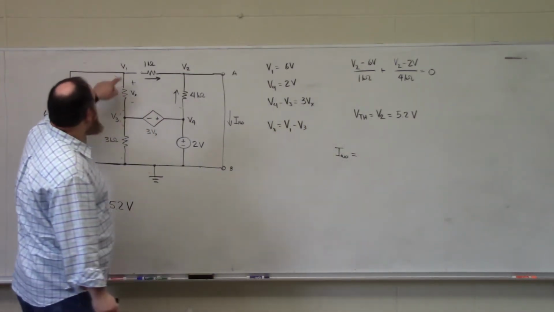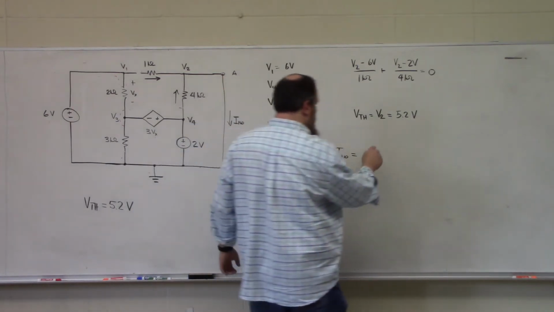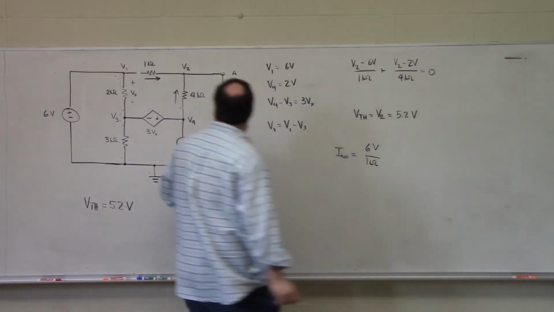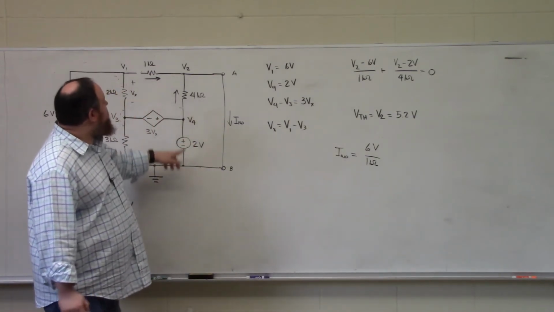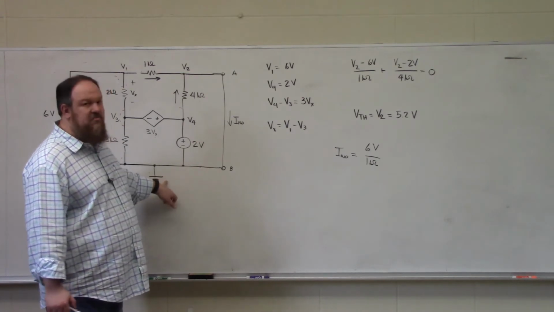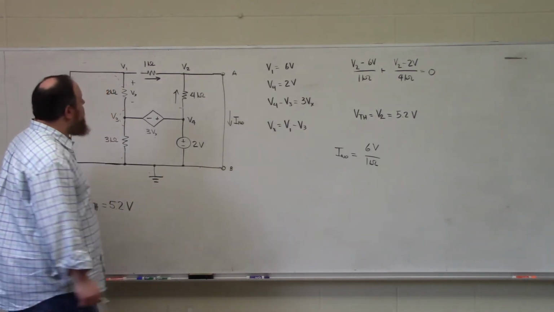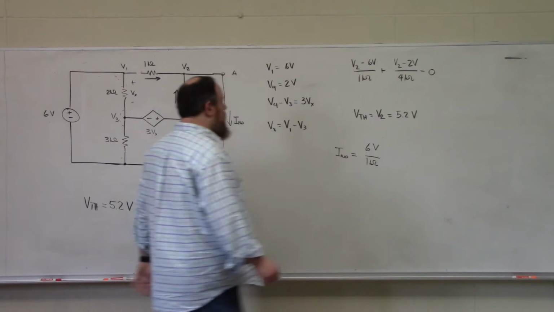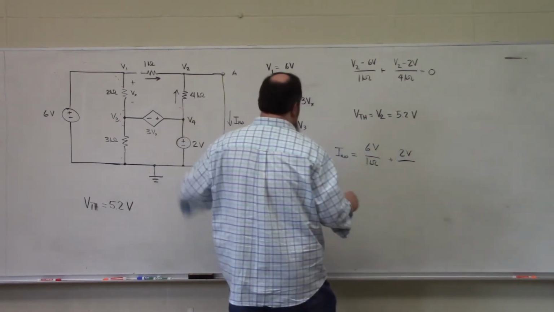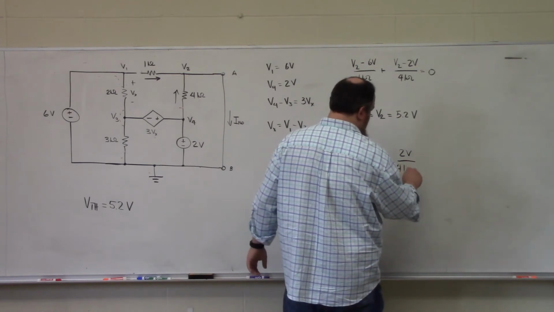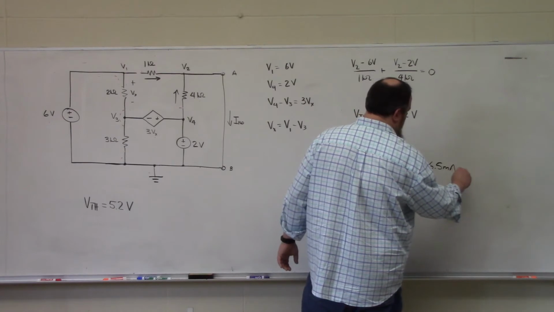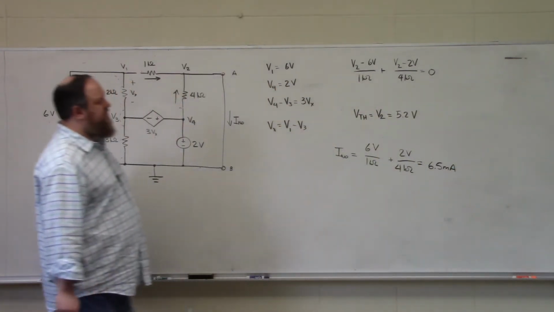So I Norton is 6 volts divided by 1 kiloohm. We get to just say it's 6 volts minus 0, because when we short this and treat node B as ground, it's got 0 potential, plus V4, which is 2 volts, divided by 4 kiloohms, which is 6.5 milliamps.